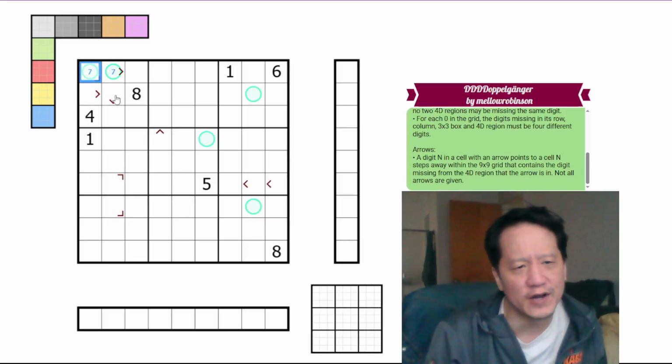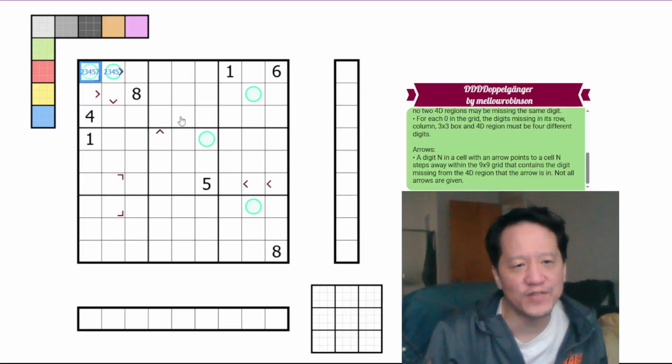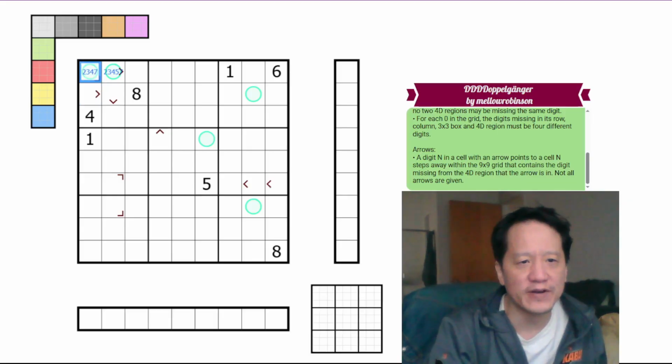Also, can this be 5? It's the same problem with 5. So these digits can't be 1 or 6. So it's 2, 3, 4, 5 up to 7. But this one can't be 5 specifically, because it's saying 1, 2, 3, 4, 5 cells away is the digit that's missing in its region, but it already has a 5 there. So it can't be 5.